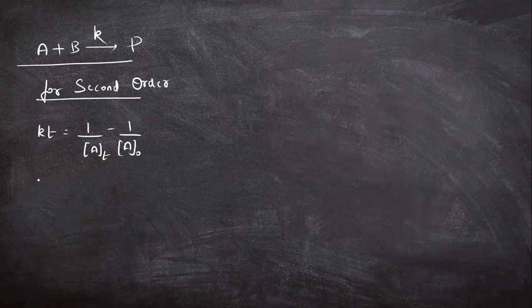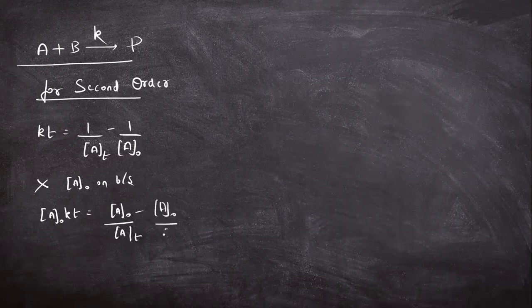Now just do one thing: multiply A naught on both sides. So it will be A naught KT equal to A naught by AT minus A naught by A naught.